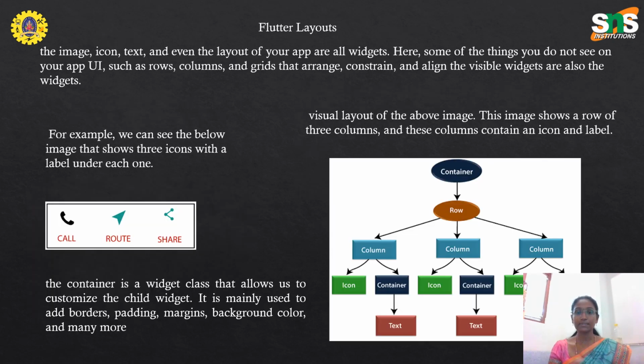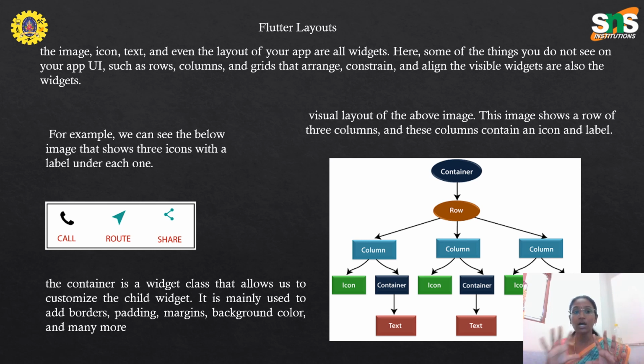Next one is the Flutter layouts. I will create the row and column and screen, scaffold, all those things, and next I will give the layouts in my screen. First one is the row and column grids, which arrange the visible widgets.